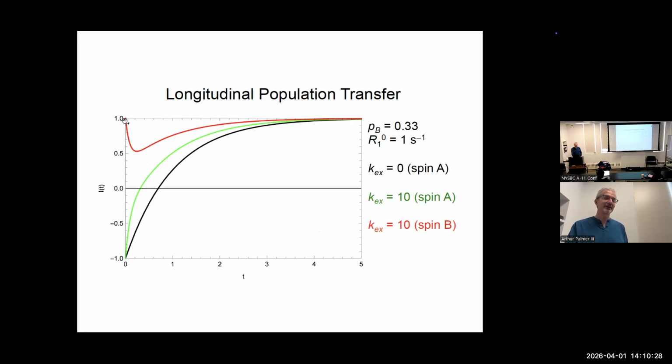And now you can see that there's initial transfer of magnetization to the B spin, and then eventually it relaxes back to Boltzmann equilibrium. And that's basically all the phenomenology there is.